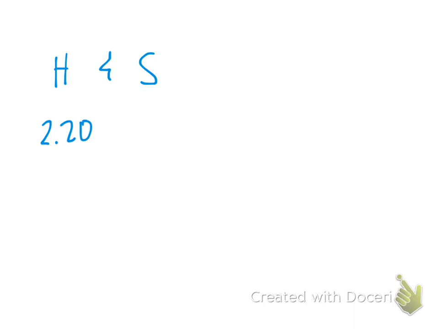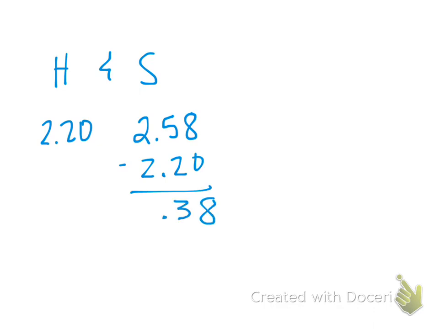And sulfur is 2.58. When we're doing these, we always just take the larger one minus the smaller. There's never going to be a negative value for these. And we get 0.38, which means it would be what type of bond?